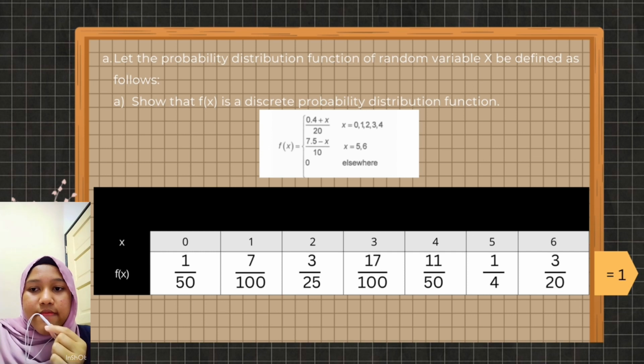First, we divide it into two parts, for x equal to 0, 1, 2, 3, and 4, we use the formula 0.4 plus x per 20, and for x equal to 5 and 6, we use the formula 7.5 minus x per 10. After that, enter each value of x into the formula to get f(x), and we add all the values of f(x), and it should be 1.